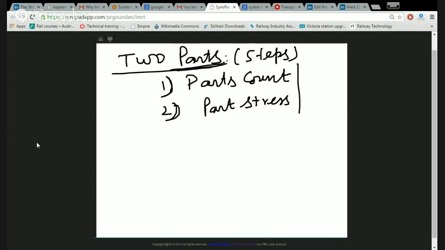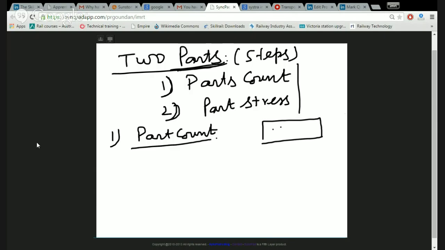Now, what is the first step? First step is part count. I said I have the printed board. I have populated this with components. So in this step, I only have to say that I have got n parts.